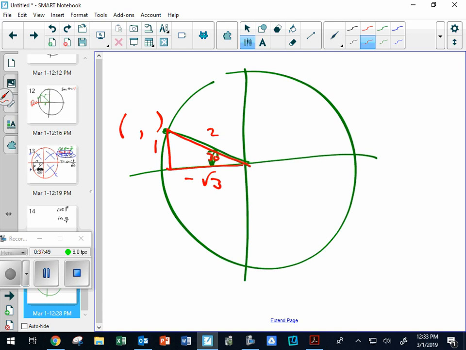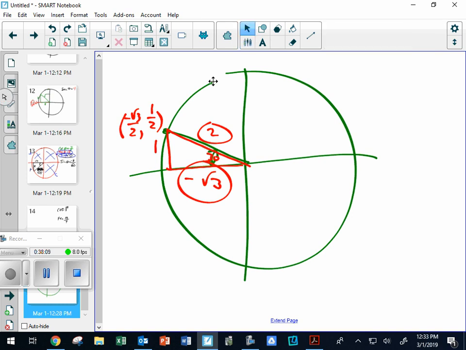Because sine is the y, sine is opposite over hypotenuse, so therefore it's 1/2, and cosine is the x, which is adjacent over hypotenuse, which is negative root 3 over 2. So there, I recreated the spot without knowing the unit circle. Okay? So it's not really about memorizing the unit circle, it's about memorizing how to do circle trade with 30, 60s, 90s. Okay, that'll happen on Monday.